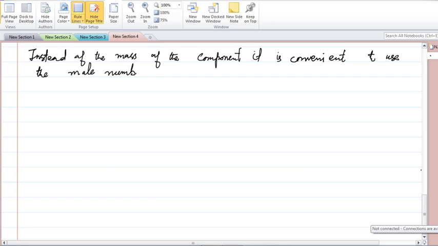That means we will not use the mass, we will use number of moles.